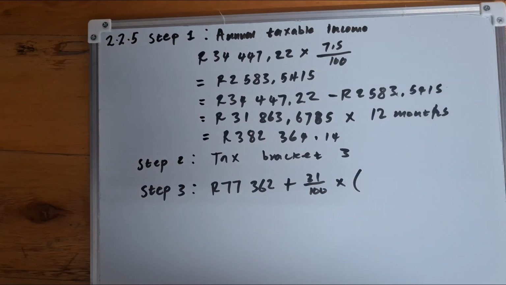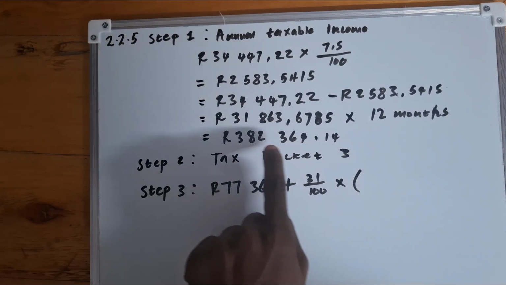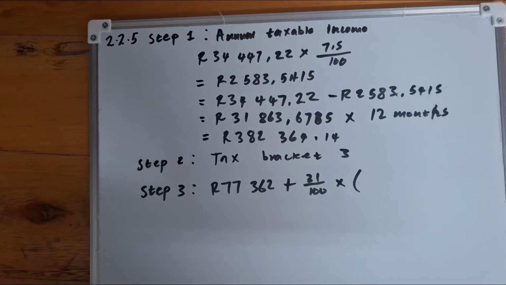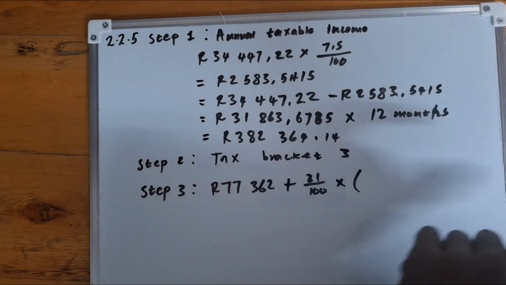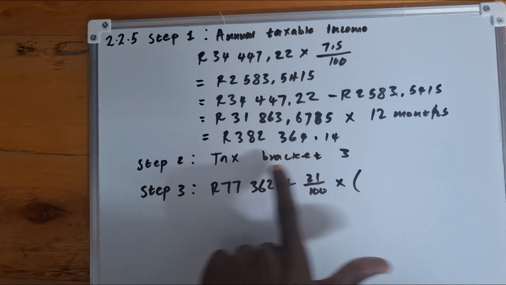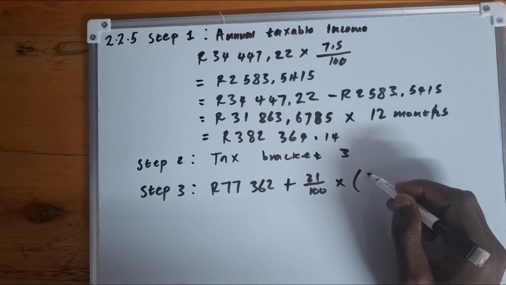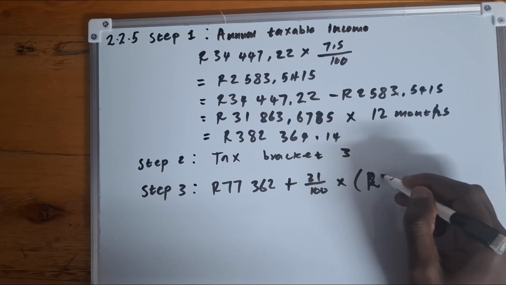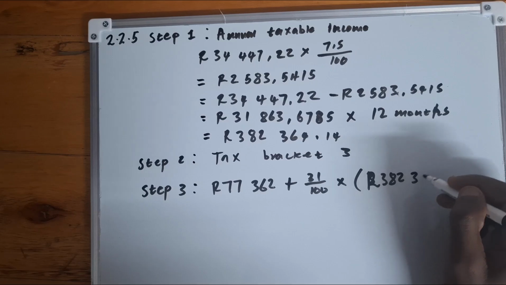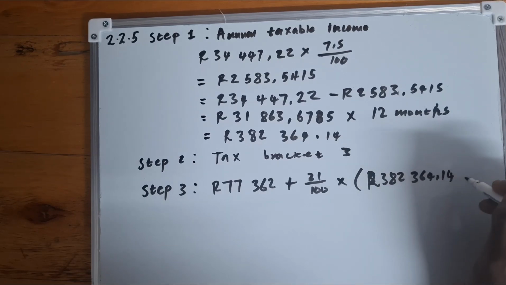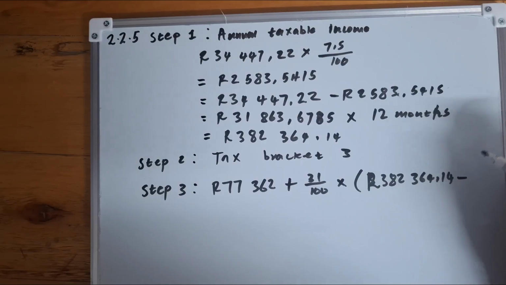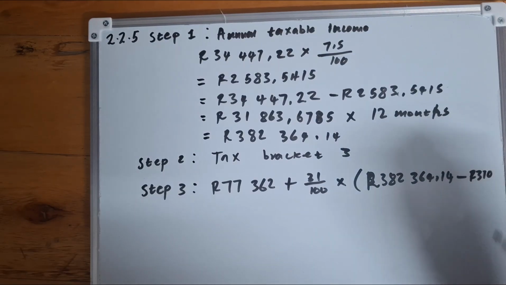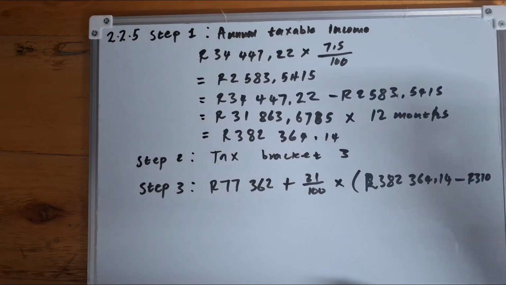Since we concluded that our annual taxable income is between the amounts, the taxable income rates on the third bracket, we can put this amount here and say 382,364 14 cents minus the minimum amount in tax bracket 3, which is 370,500.